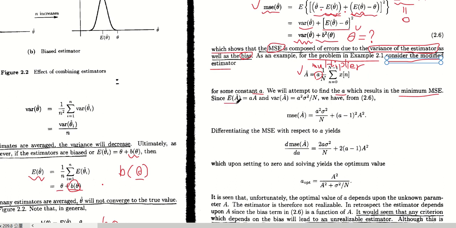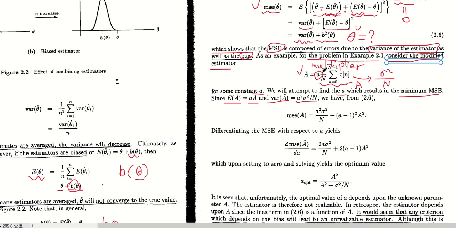Then you take the expectation of A hat, and this term converges to A, right? So if you take the expectation, it's going to be small a multiplied by capital A. And then the variance of A tilde is a squared times the variance we proved before, sigma squared divided by n.